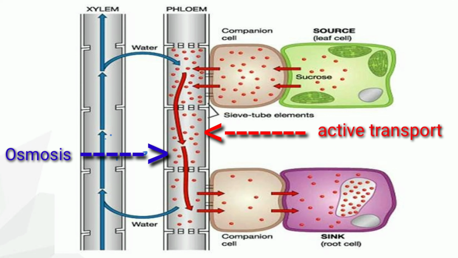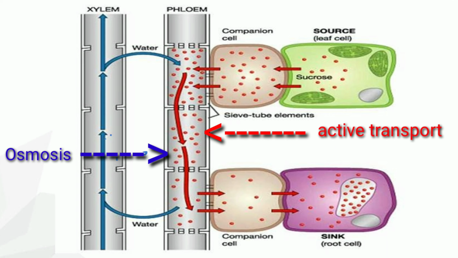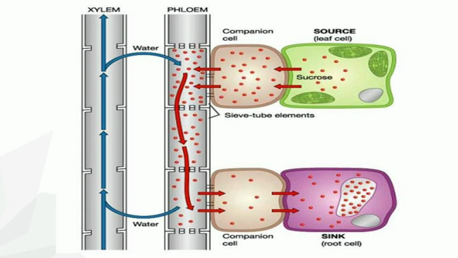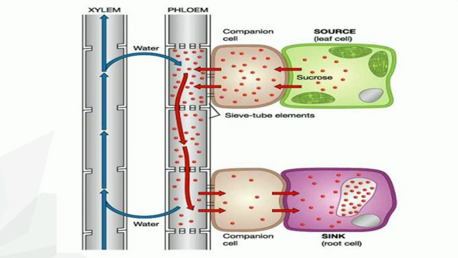This process of loading of the source produces a hypertonic condition in the phloem. Water in the adjacent xylem moves into the phloem by osmosis. As a result, an osmotic pressure is built up in the phloem, where the phloem sap moves to the areas of lower pressure.